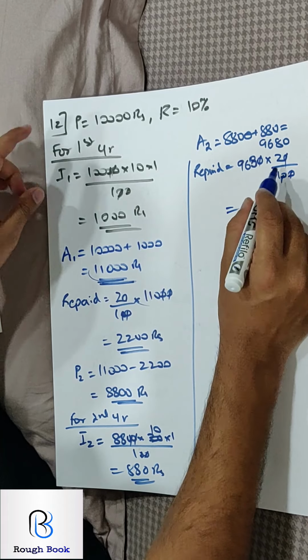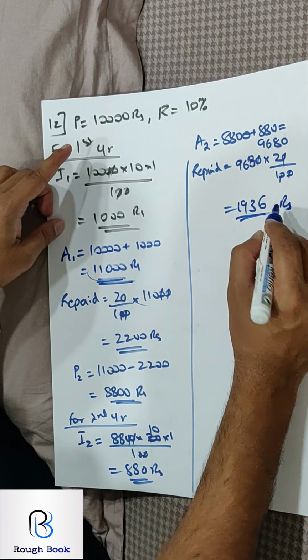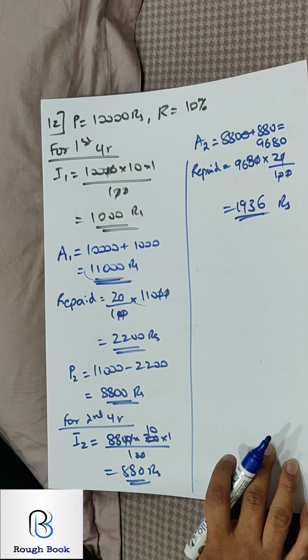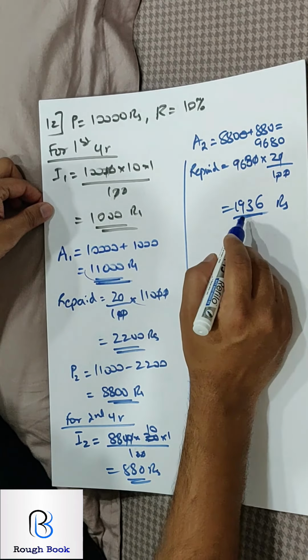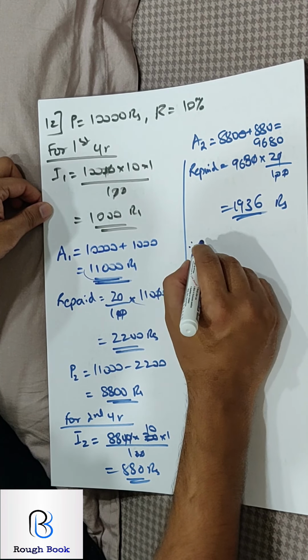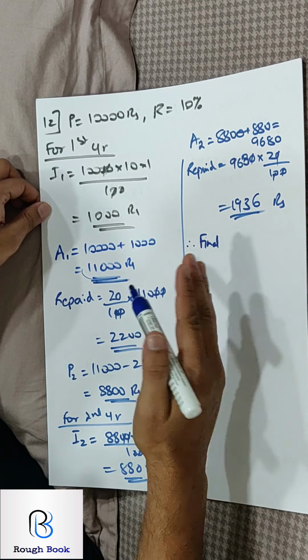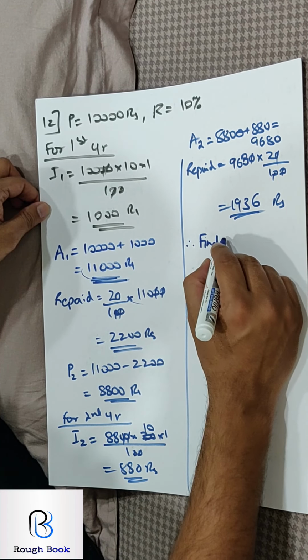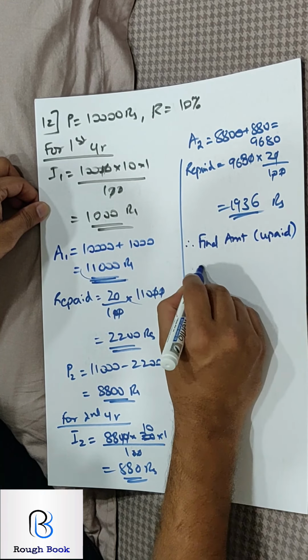So 8 2s are 16, 12 and 1 13, 18 and 1 19. So this is the amount that has to be repaid. 1936. This is what is to be repaid. So therefore finally what is going to be the final amount? Because the question says what is the amount left unpaid. So final amount or unpaid amount.